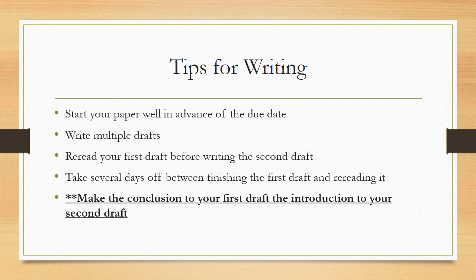I can't tell you how many papers I've read where I was really confused. I was like, what is the student trying to say? And then when I got to the end of the paper, I said, this is a great conclusion. It all makes sense now. Well, with academic writing, like the writing you do for this class, you don't want it to all make sense at the end.